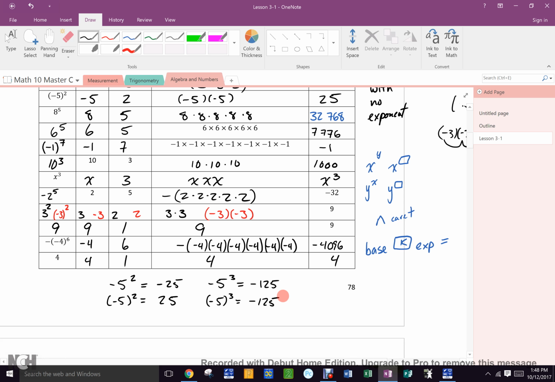Negative 5 to the fourth is what? Negative 625. Negative 5 in brackets to the fourth is what? Positive 625. Is everybody good with that subtle distinction? The negative is only part of the base if it is in brackets. All right?